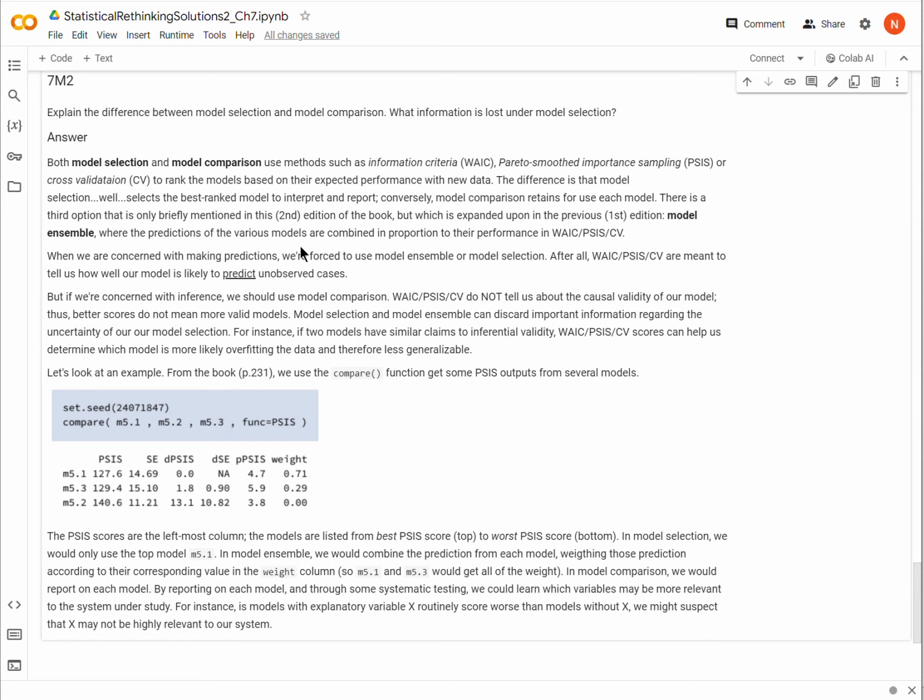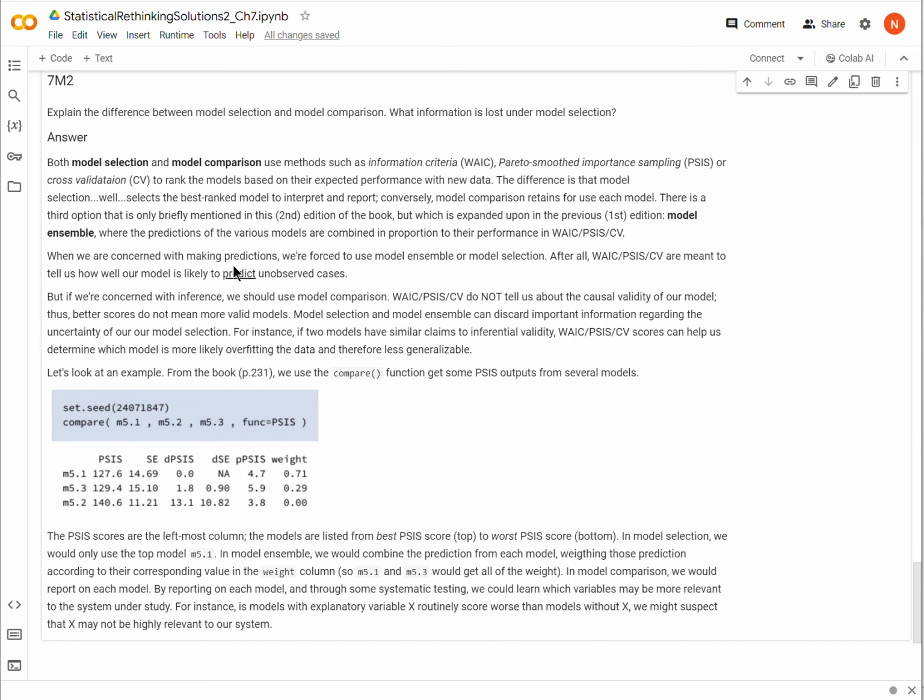This makes sense in the prediction context, because WAIC, PSIS, and cross-validation are ways to tell us how well our model is expected to predict previously unobserved cases.